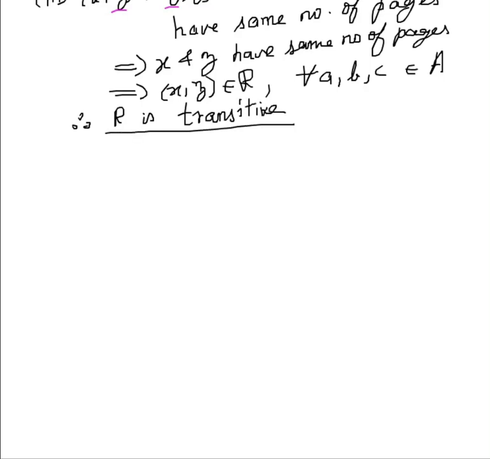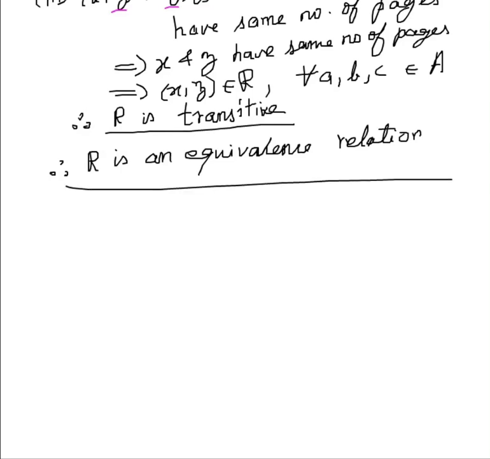So we have proved that it is reflexive, symmetric as well as transitive. Therefore, I conclude that R is an equivalence relation. That's what we have to prove.